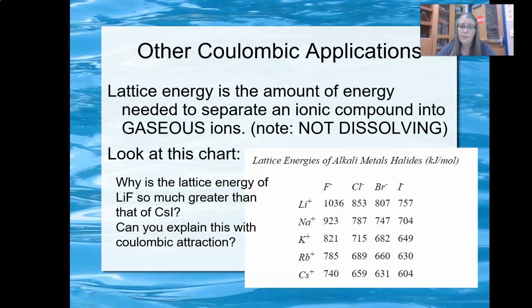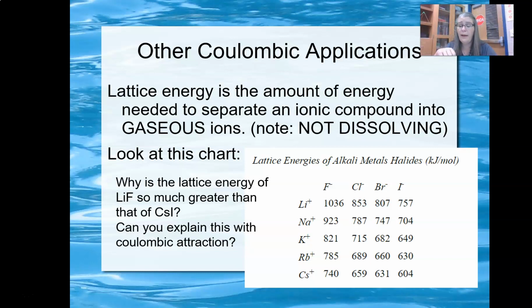So if I can't argue about the charges because the charges are the same, then maybe I can think about it in terms of distance. Lithium and fluorine are very small atoms that make small ions. Cesium and iodine are large atoms that make large ions. So think about, if I'm trying to make a crystal, it's like I'm trying to pack them into a box, because crystals and solids are nice and organized.